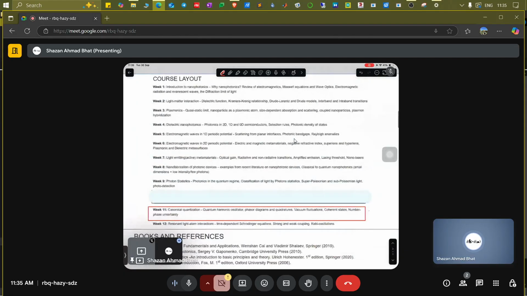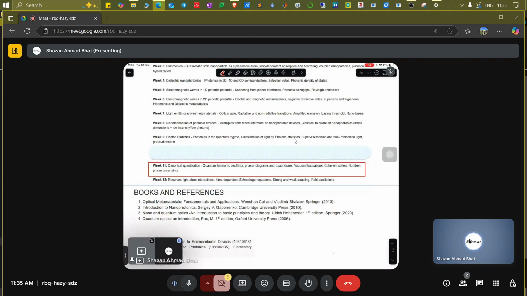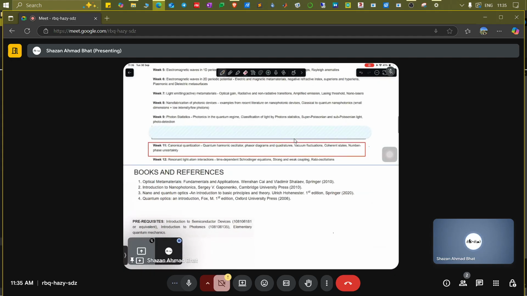We are into week 11, and this is not exactly what the course outline matches. So today, we are going to cover the quantum harmonic oscillator, and we're going to see again about the quadratures, the light quadratures, which we talked about in the previous session.